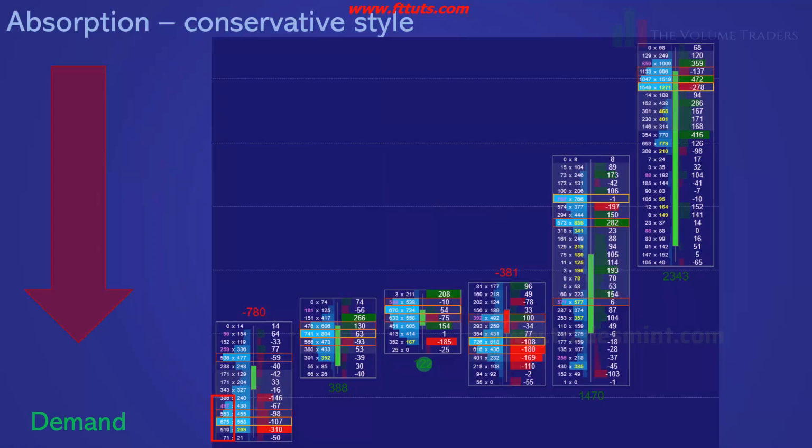As I mentioned on the previous slide, I usually use this strategy most of the time with a fixed 2R. So here it was very easily possible. If this range is 2 points, the stop loss is set to 4 points, and here 2, 4, 6, 8 points were possible in this setup.